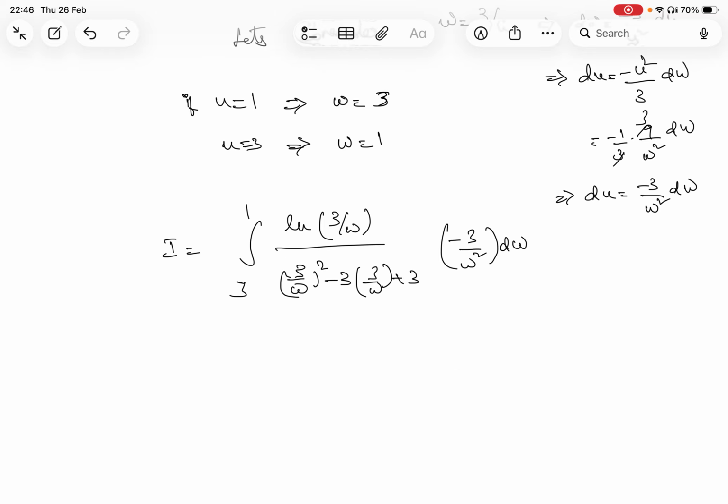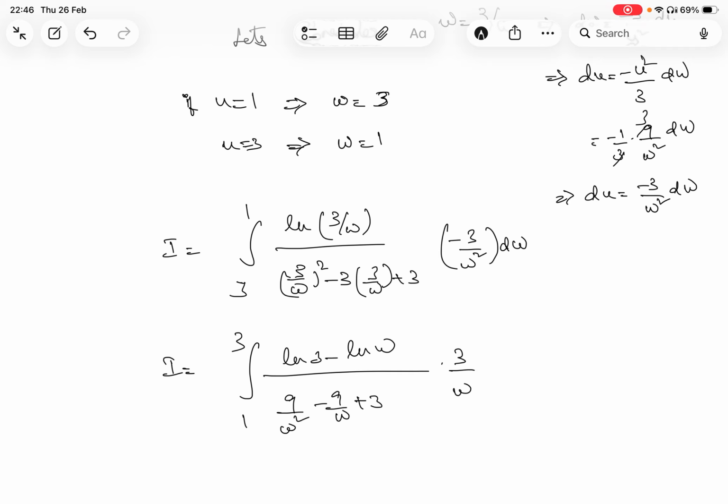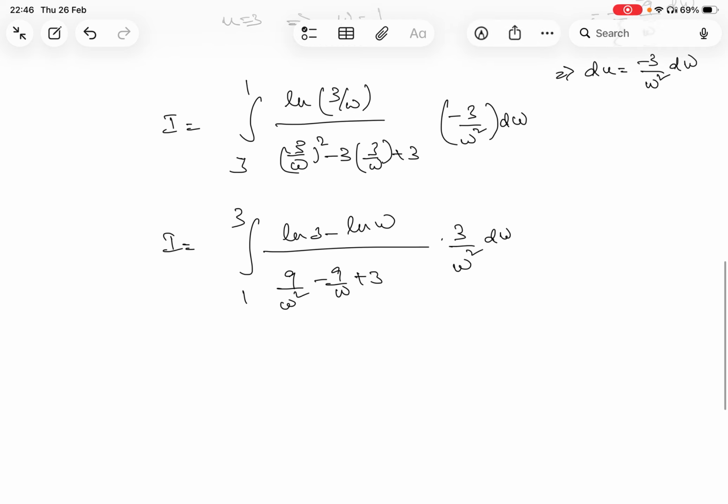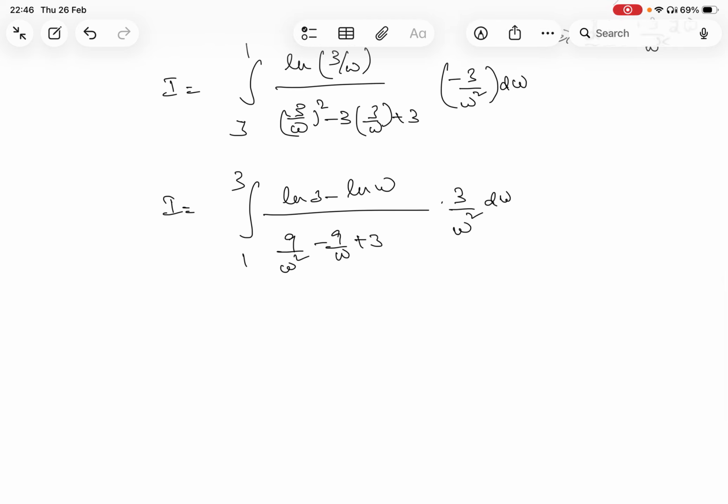As you can see, there is a negative sign here, so you can flip the integration limits to 1 to 3. Then this can be written as ln 3 minus ln w, divided by 9 by w² minus 9 by w plus 3, into 3 by w² dw. Let's simplify further.